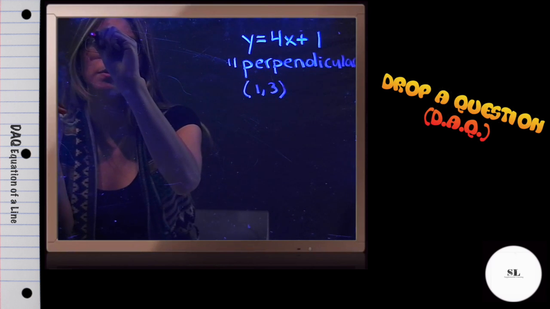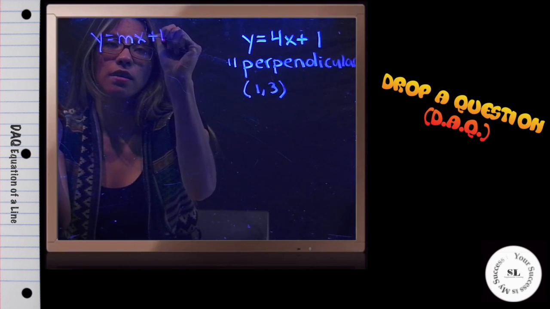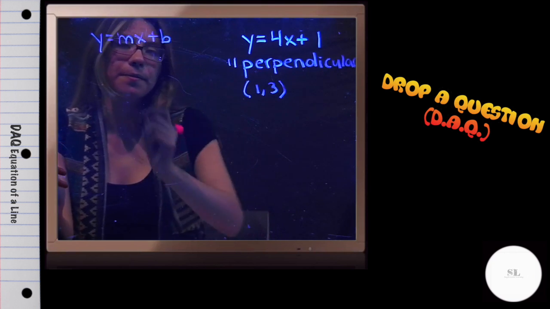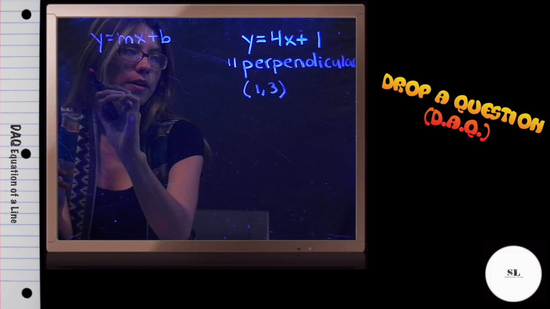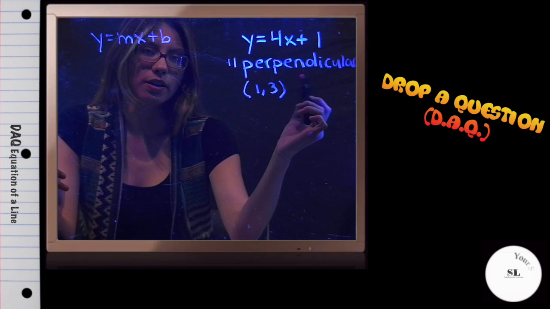Our final answer will be in the form y = mx + b, slope-intercept form. And when we're going about this, we want to pay very close attention to the word perpendicular.